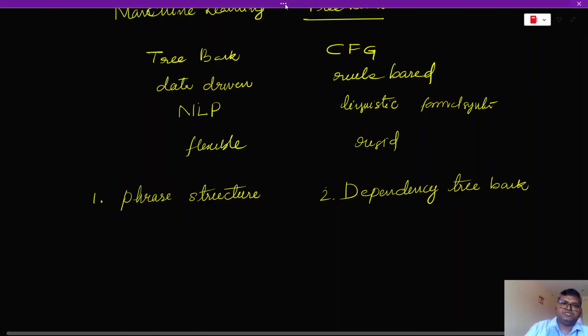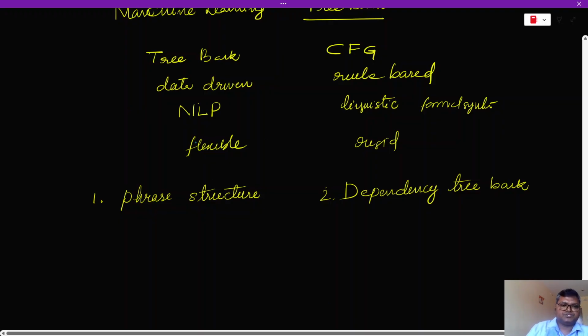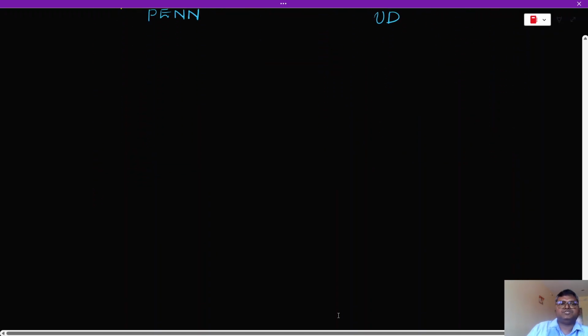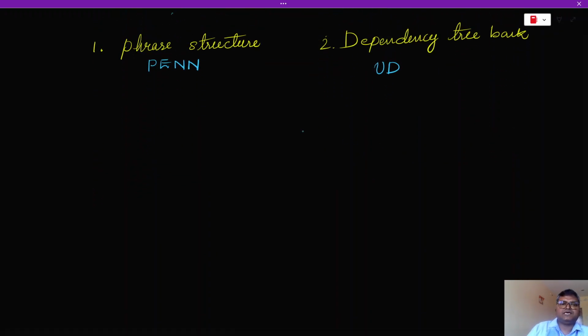In the real world, there are already famous examples of these. For phrase structure tree bank, there is a tree bank developed by a university called Penn Tree Bank, and here it is UD, Universal Dependencies Tree Bank. These two are examples.